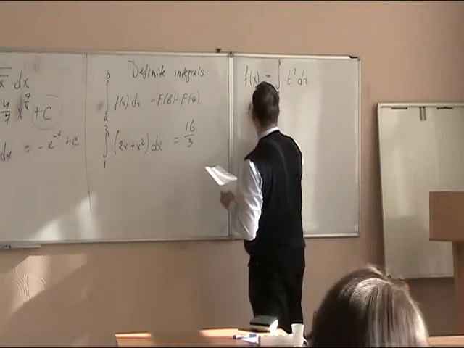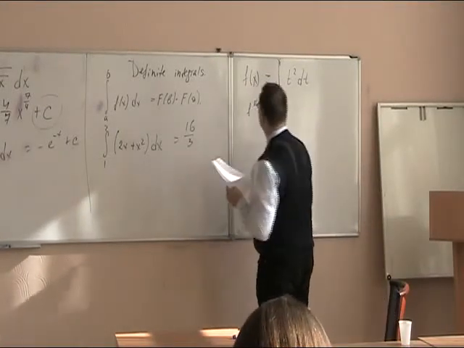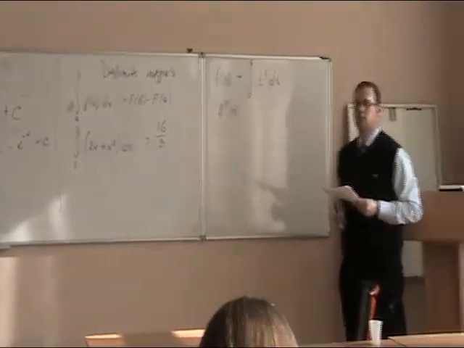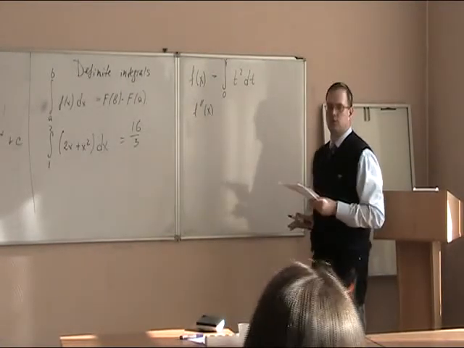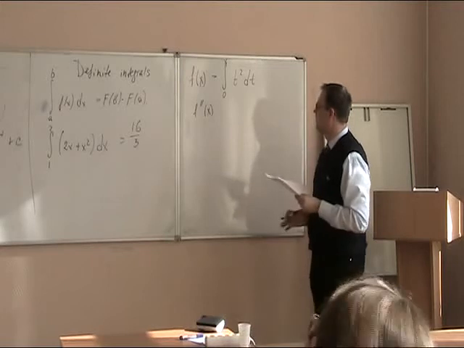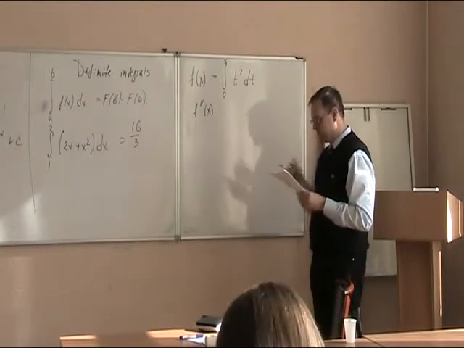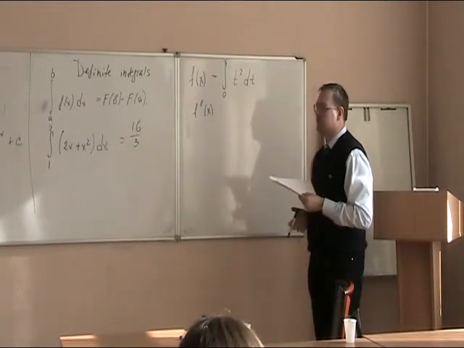The question is, find the double prime of f of x. Again, all the elements are known, and you know how to get it, and you know how to solve it. So the question is, what is the f double prime of x?